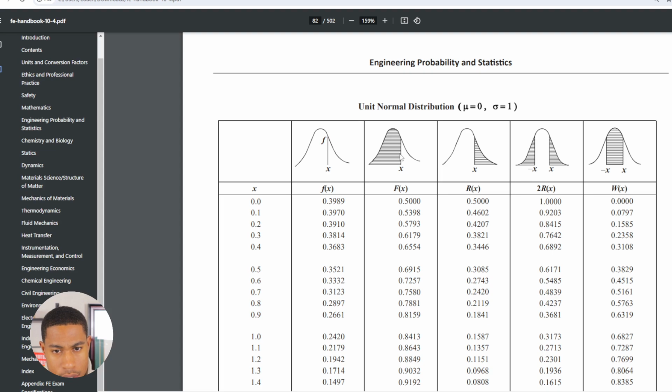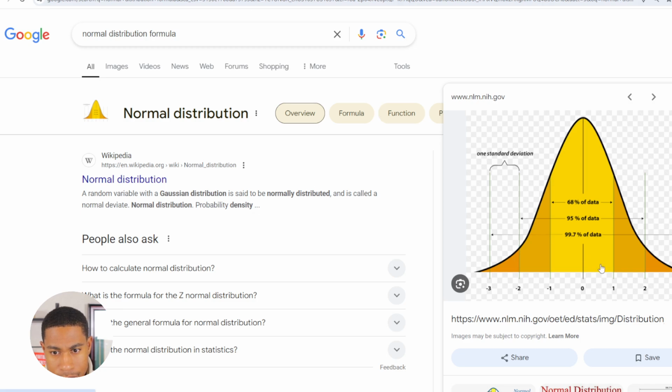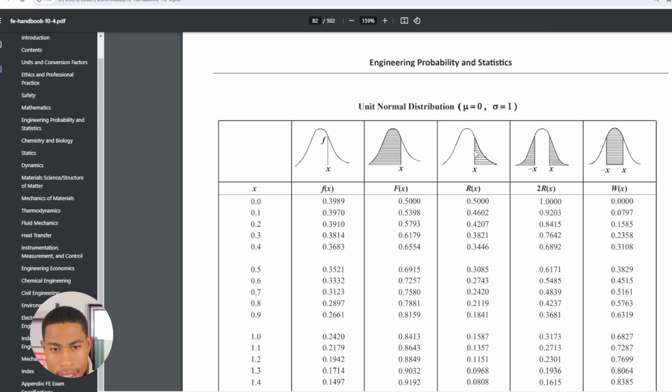When you're doing normal distribution, you're going to have some sort of probability or range that you may be looking at. So if you want to see a certain percentage of the data, kind of like with the normal distribution stuff we were looking at, where you're having these standard deviations, this is highlighting that. So depending on what X is, it's going to tell you how much of the data you're able to get.